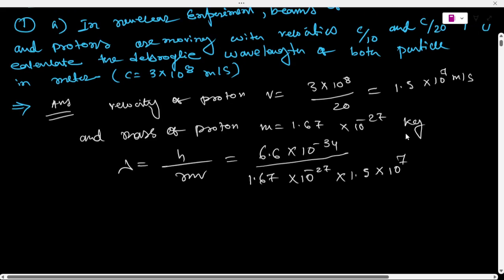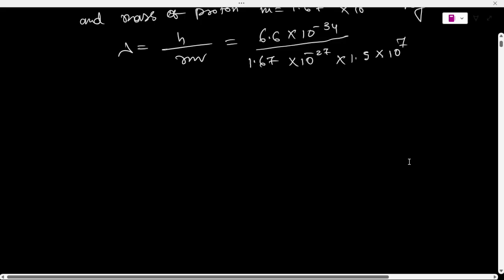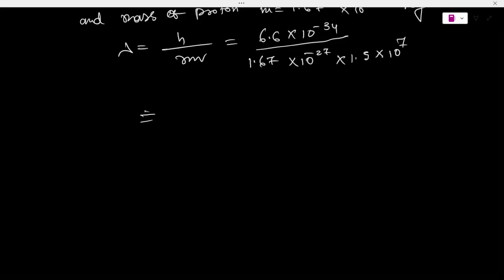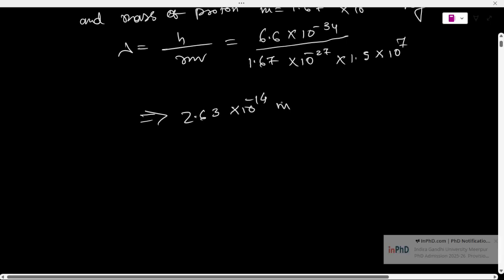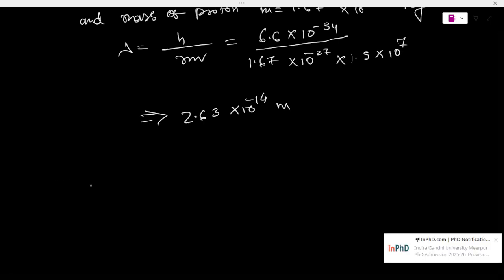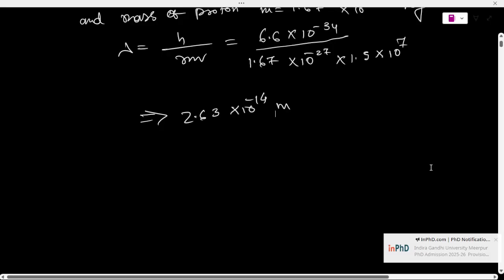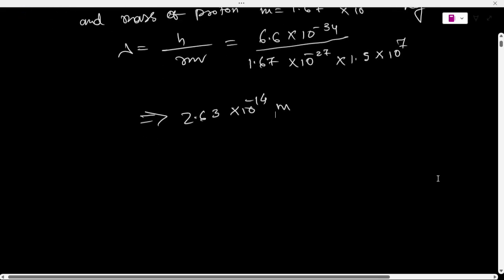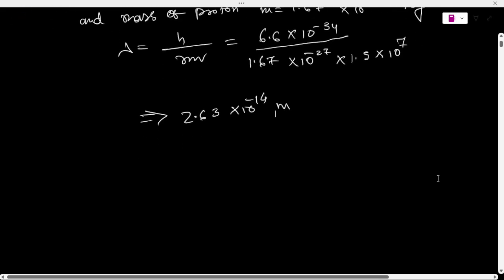After calculating, it will be around 2.63 into 10 to the power minus 14 meter. So this will be the value of lambda for the proton.